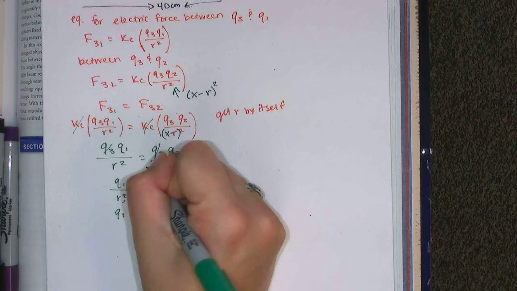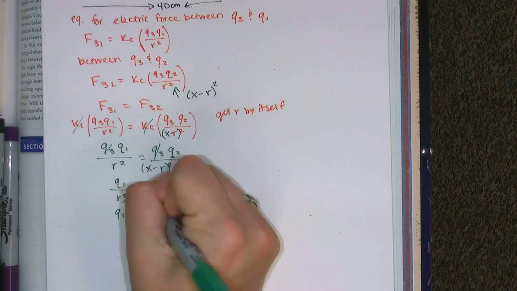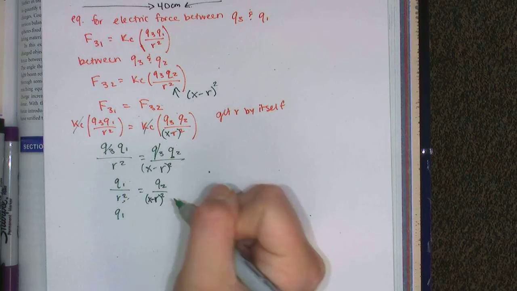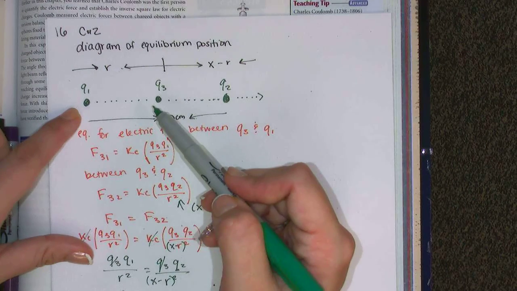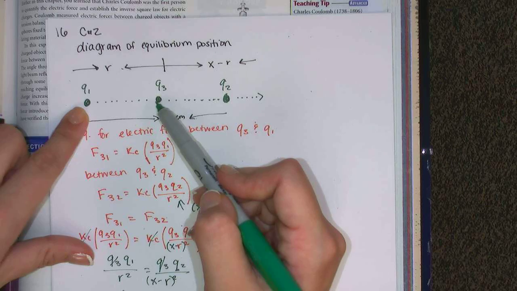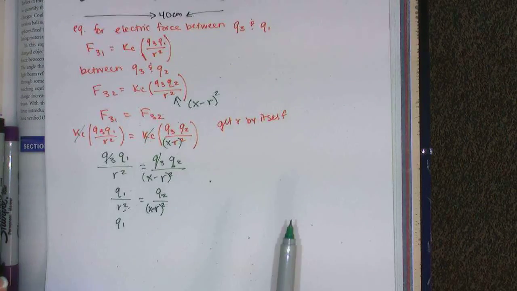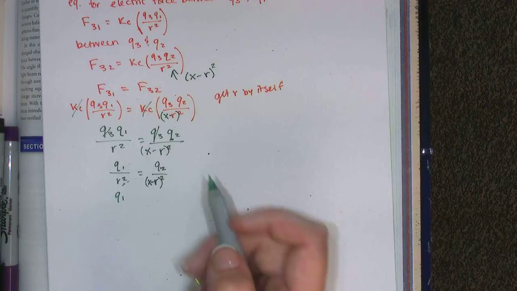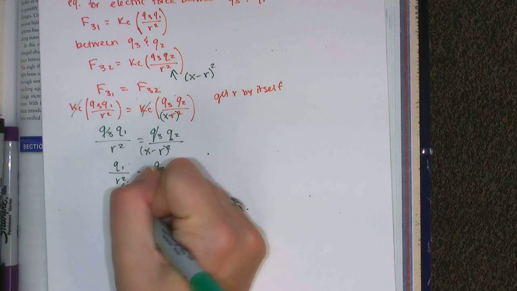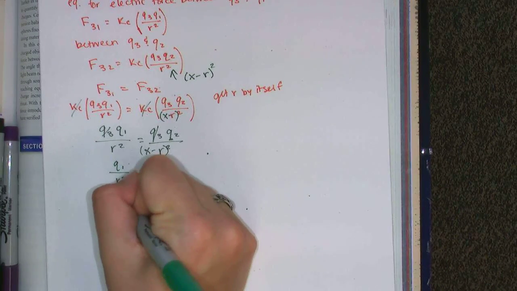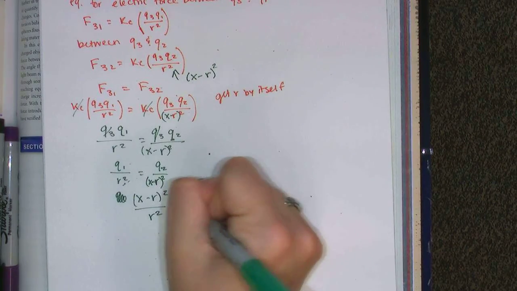I knew something wasn't right. I was like, that just makes everything cancel. So there we go. Because obviously we don't know what this R here is, 3 to 1, but then we have to see what is the rest of it, which is why we're using X minus R. So maybe you caught my mistake, maybe you didn't, but that's what I should have done. So now I want to get this on top, so I'm going to swap these two. So I'm going to get X minus R squared over R squared is equal to Q2 over Q1.